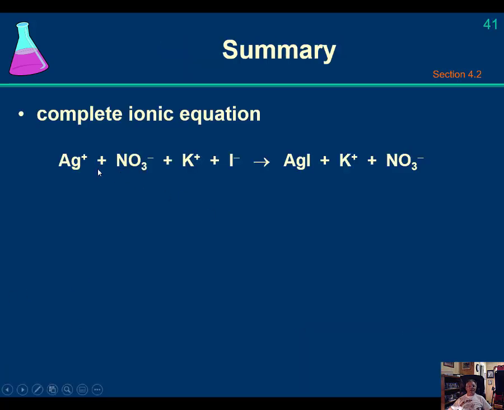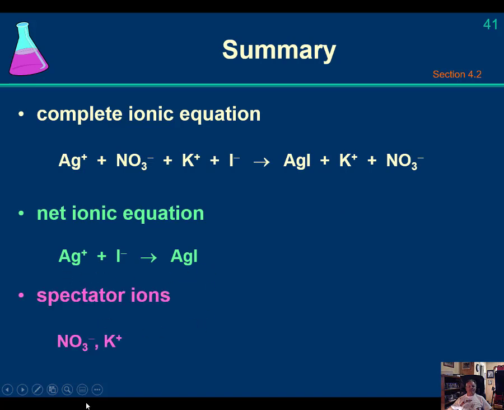Complete ionic equation, that's all the dissociated ions on both sides of the equation. Don't worry about the driving force. You don't dissociate that. And then the net ionic equation, this is what remains after you've identified the spectator ions. And the spectator ions are the ions that are ions on both sides of the equation.